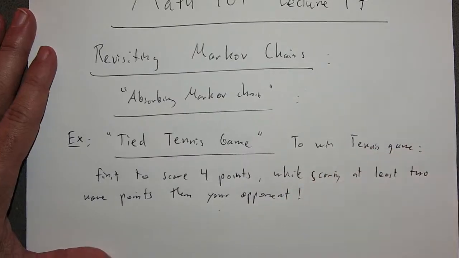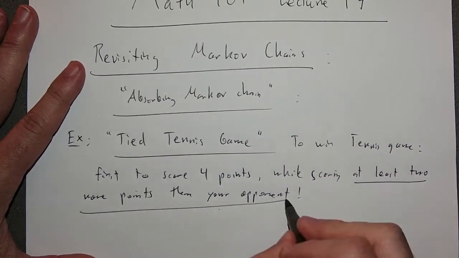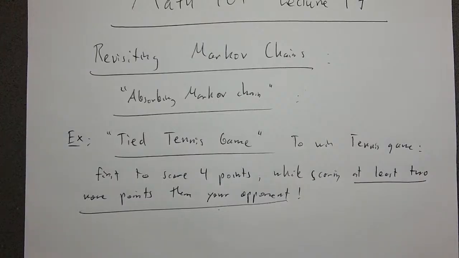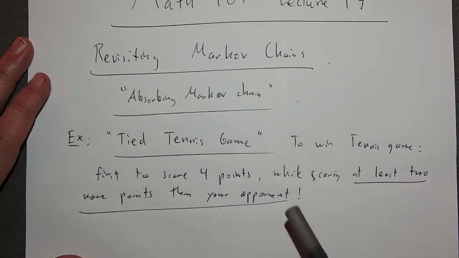This is one of the things that makes tennis the way it is: it is simply not enough to be the first to 4 points. You need to be the first to 4 points, but also you need to score at least 2 more points than your opponent. So if I'm the first to 4 points and the opponent has no points, then I win.